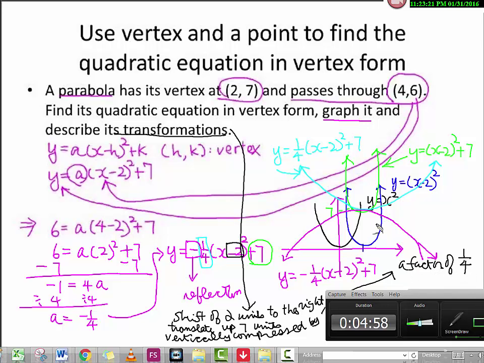Now of course the last one is the reflection across the x-axis.